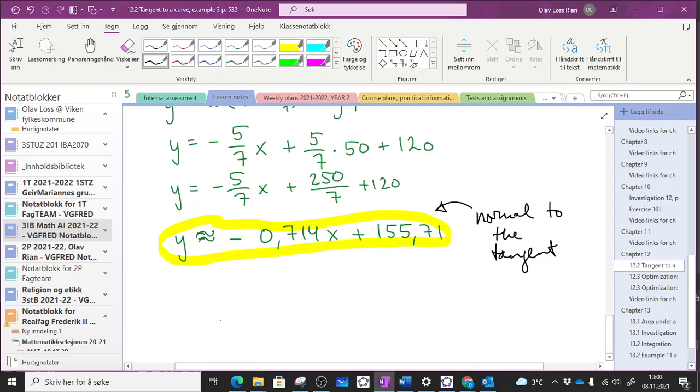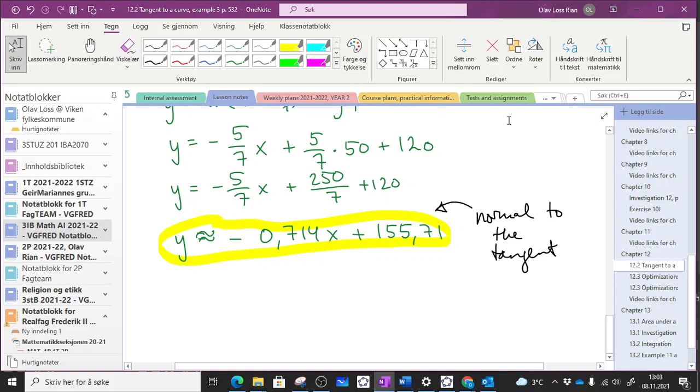And the entry point will be the intersection point between the graphs of the tangent and the normal. Sorry, my mistake. The intersection point, right?